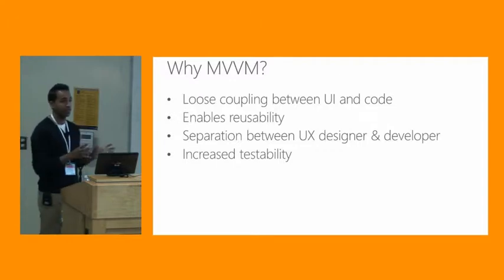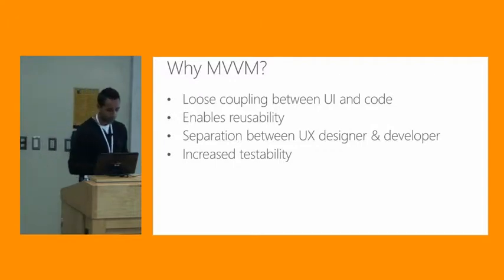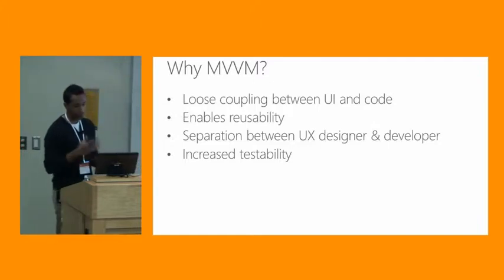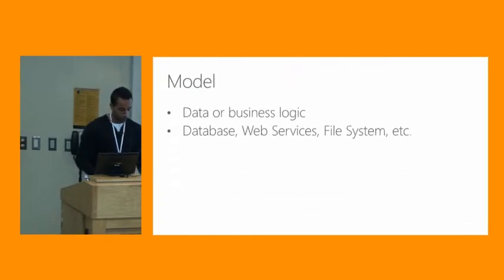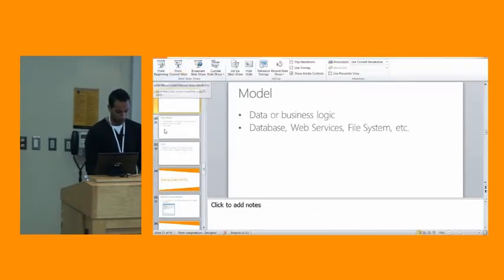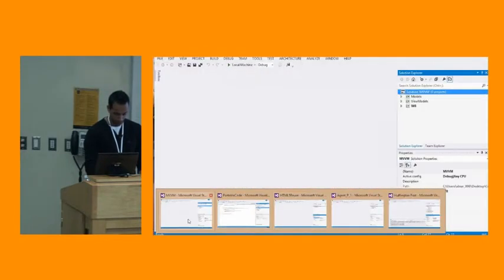No matter what happens in that view, it doesn't affect the actual app logic and the core code. There's also increased testability, which I won't talk about here, but there's plenty of information online about how you can test MVVM. So let me jump to the first example, and I believe that's this one here.